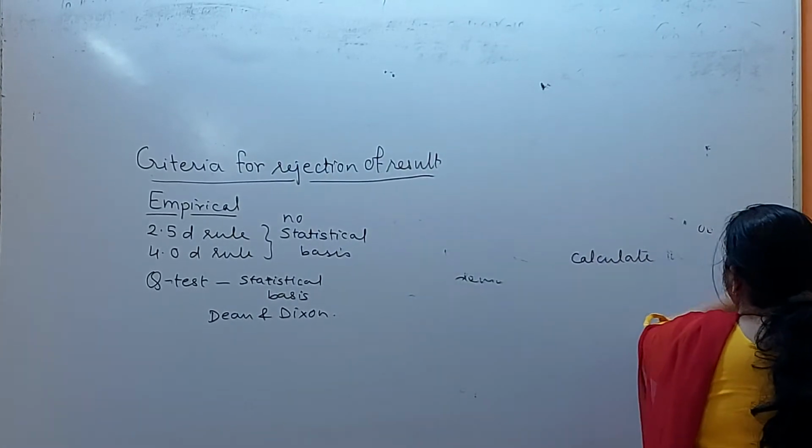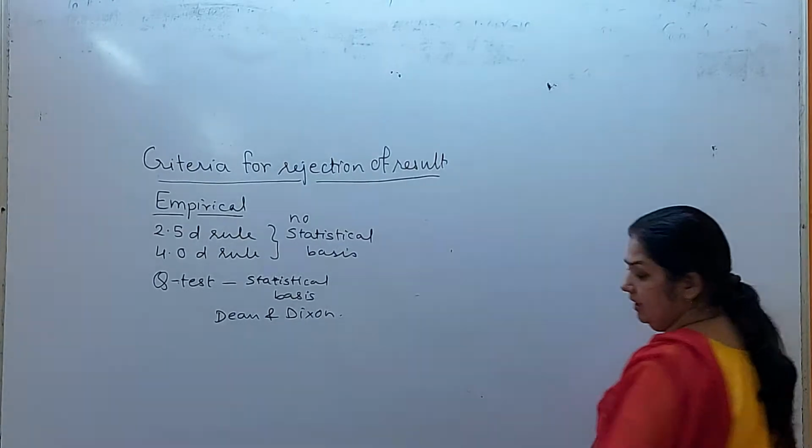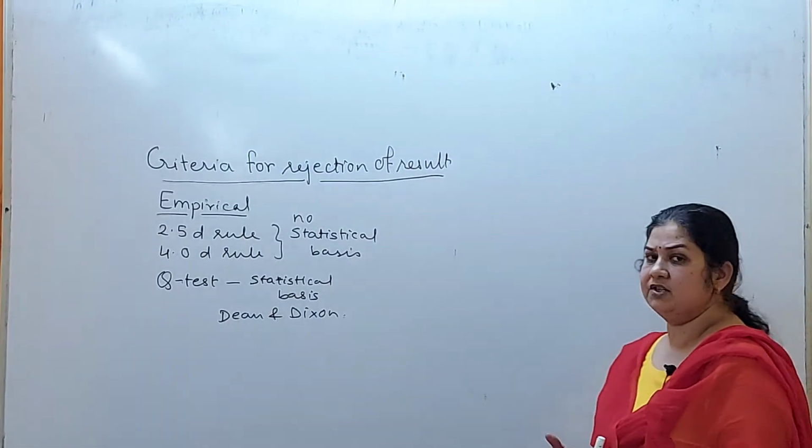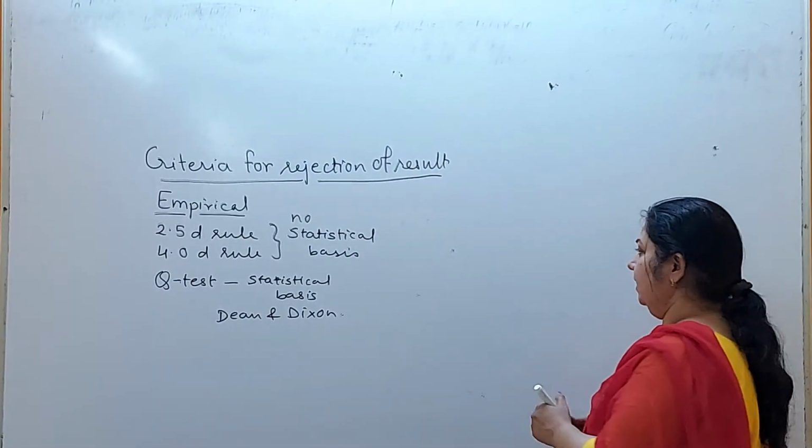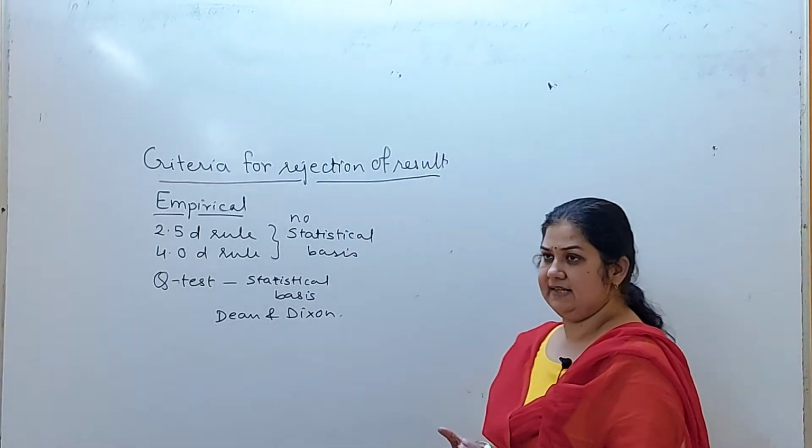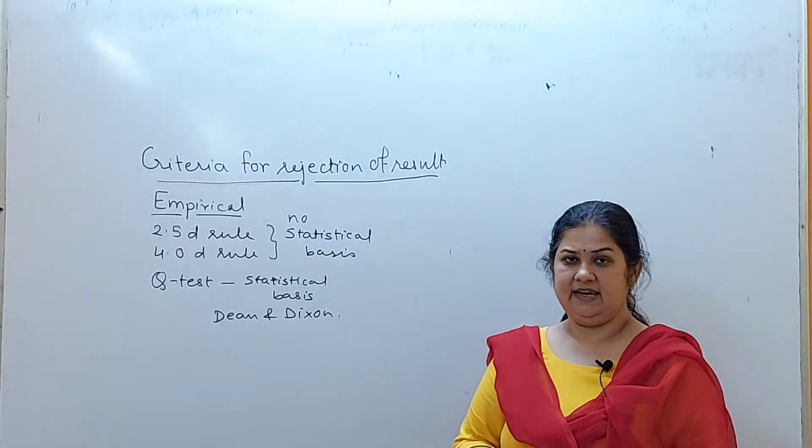Now there is a test called the Q test. In the Q test, we first arrange the observations in ascending order. Then find the range.